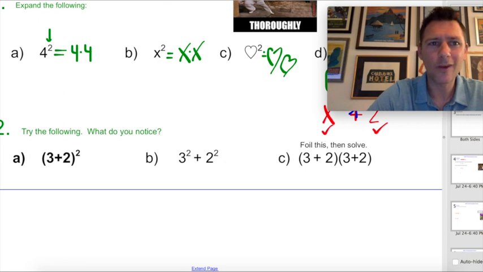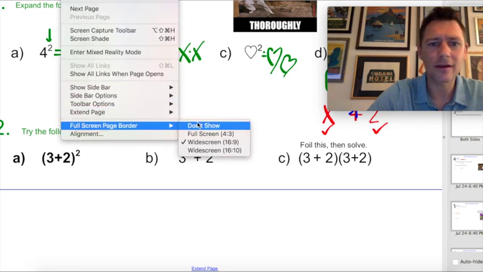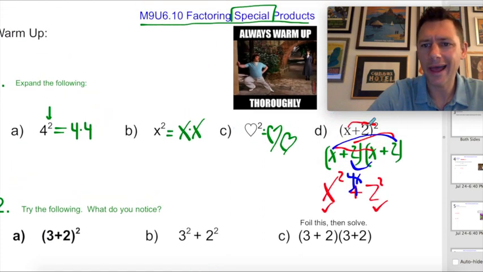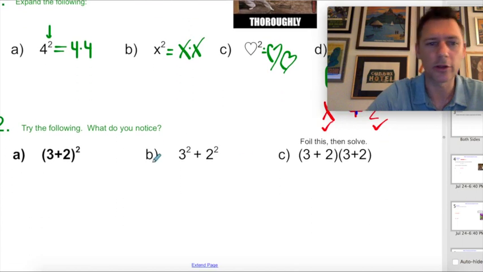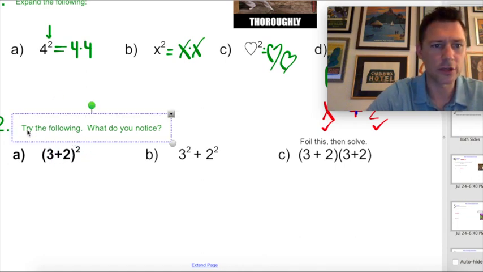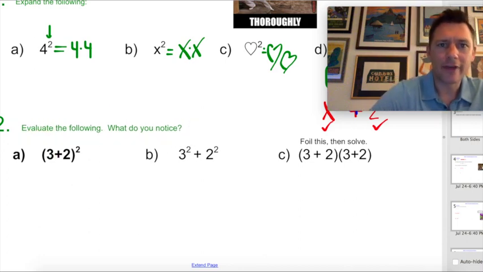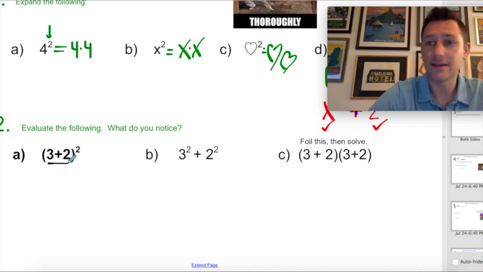What I want to do is take a look at why that drop-in doesn't work. Why do you have to expand it and FOIL it out? Binomial multiply. If you evaluated this, this is the spot where it should say evaluate. You'd add the insides in parentheses.